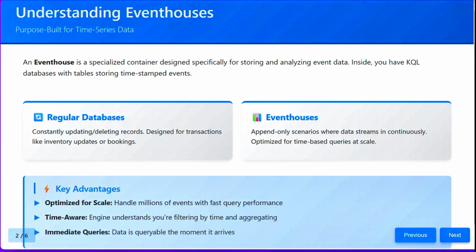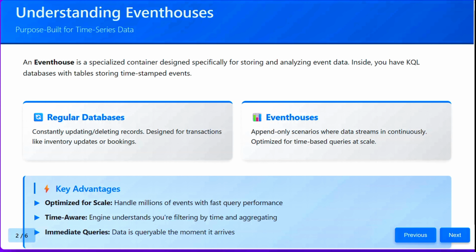They are optimized for append-only scenarios where data is constantly streaming in. You are not updating existing records or deleting data frequently, but you are continuously adding new events, and you need to query them fast based on time ranges.